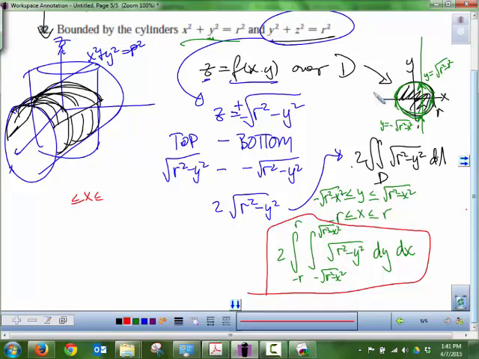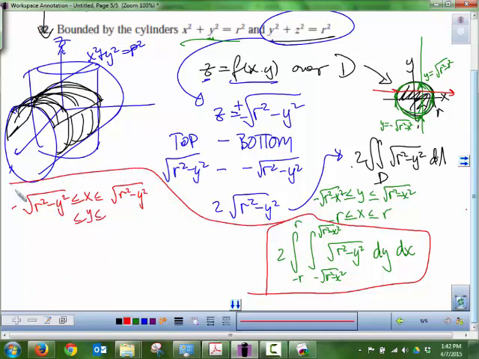Let me convince you that it actually is easier. So I'm going to integrate with respect to x first. My x is just like this y is equal to, except x is equal to the square root of r squared minus y squared with a negative, and r squared minus y squared with a positive. And then y goes from negative r to r.